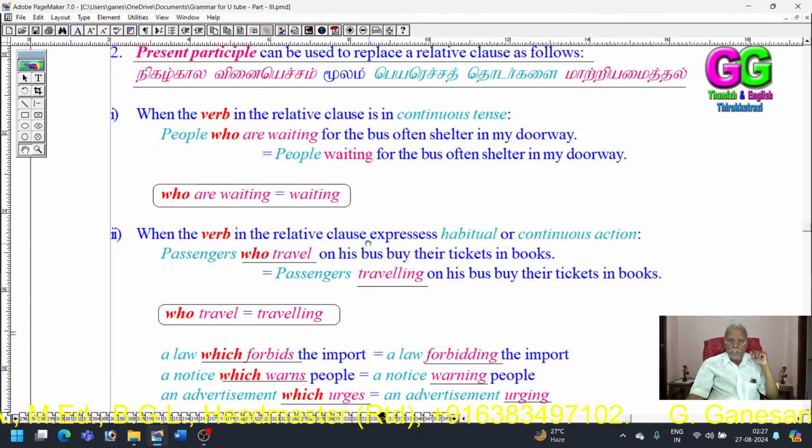When the verb in the relative clause expresses habitual or continuous action, we can replace the relative clause by a participle. Here we are going to form the present participle from the verb in the relative clause. The verb used in the relative clause is converted into a present participle.